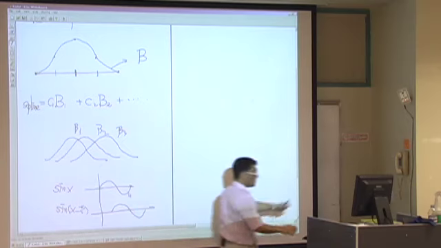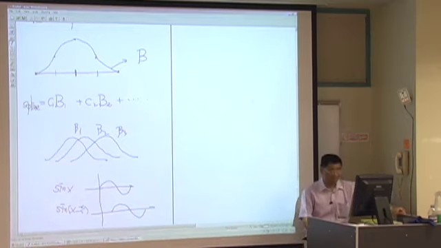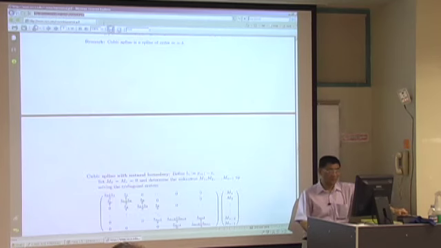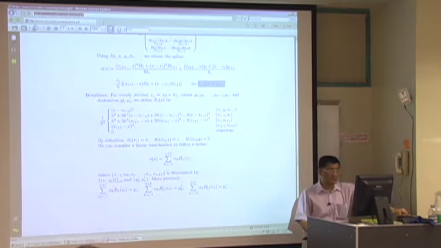So I will show you the definition. The definition isn't very bad. As you can see, we define the spline this way. So this is the B-spline. B_i is centered at x_i. In other words, I want to call B_i the spline having the highest point at x_i. Do you follow me?